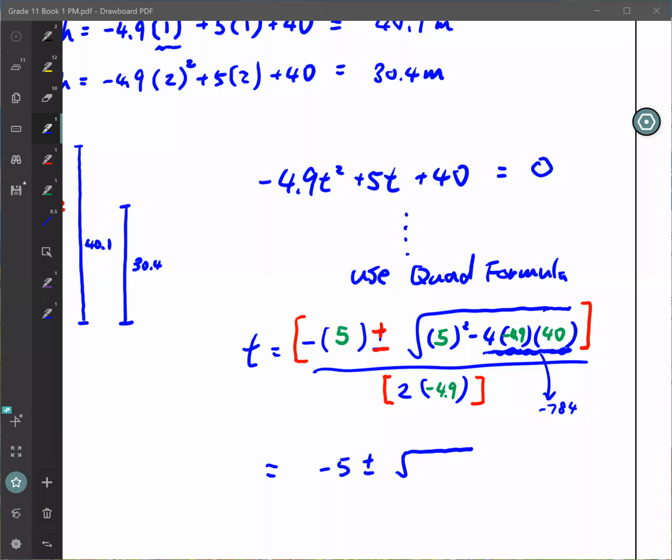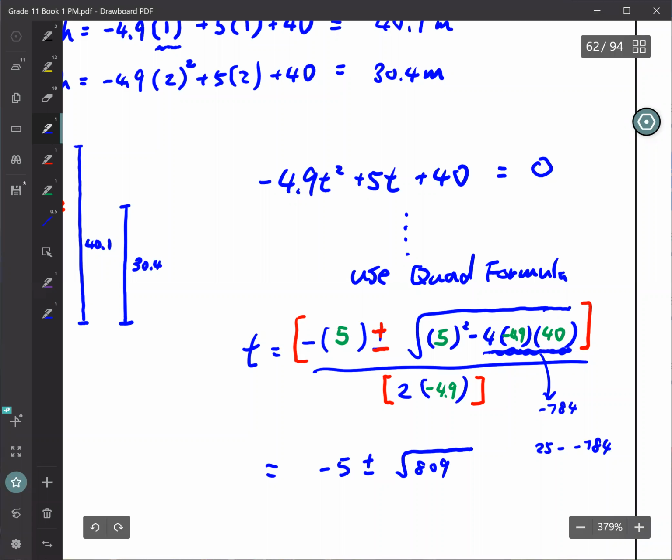What do you have? 809. Yes. Okay, and then over what? What's in the denominator? Negative 9.8. Yeah.